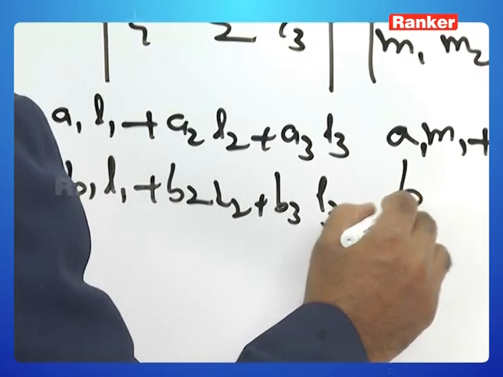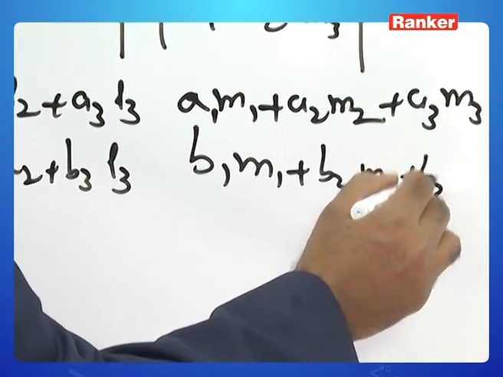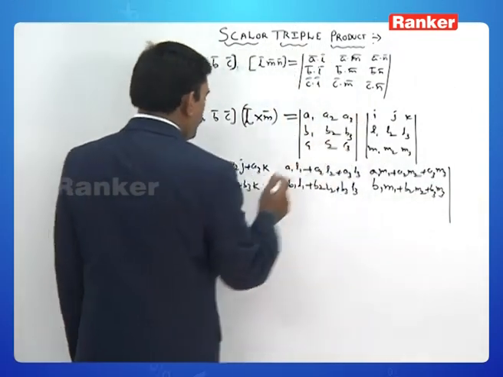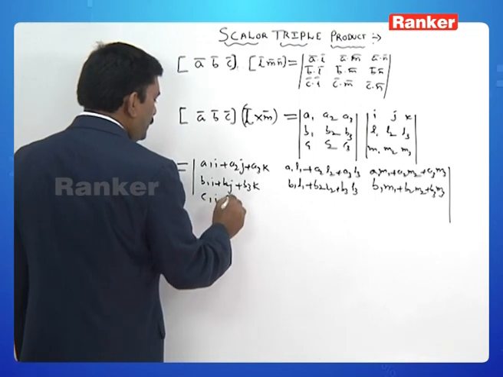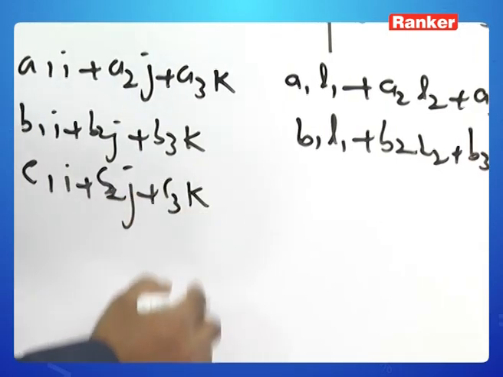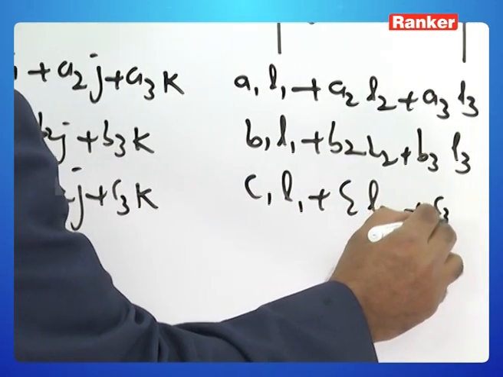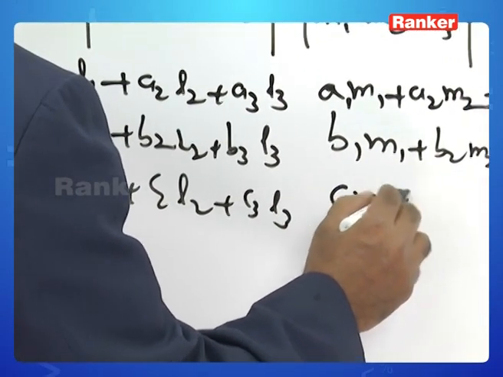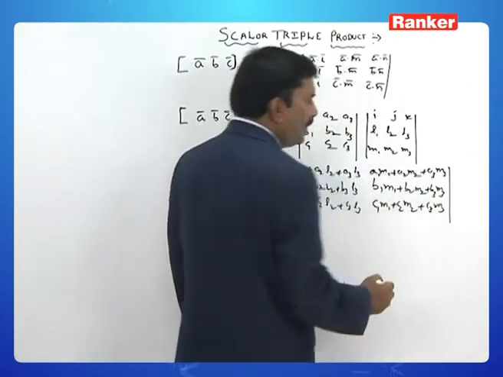Next, B1M1 plus B2M2 plus B3M3. Next, third row with first row, C1 i, C2 j, C3 k, C1L1, C2L2 plus C3L3. Next, C1M1 plus C2M2 plus C3M3.